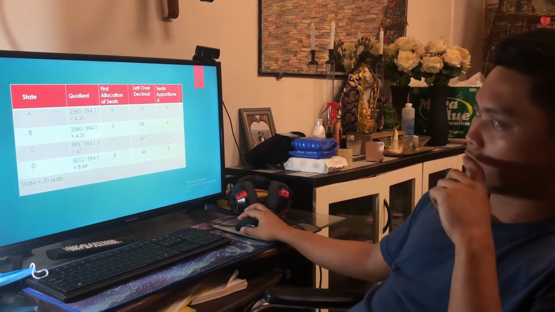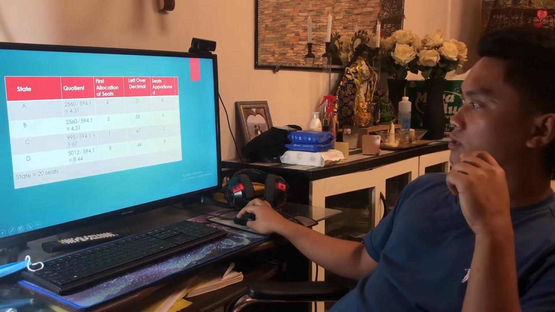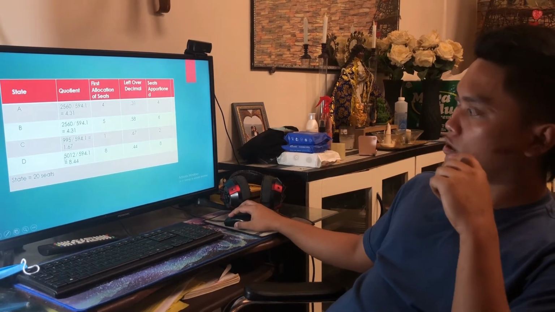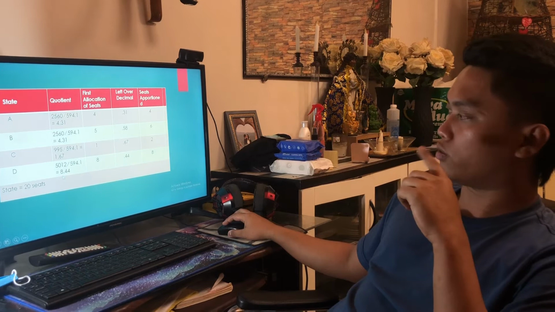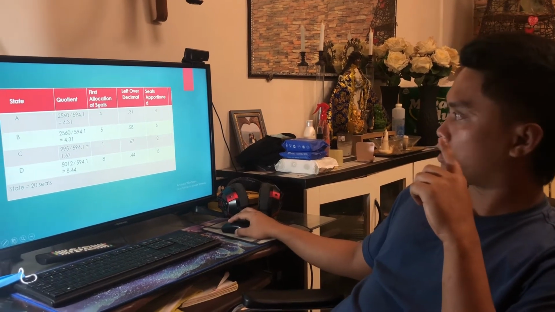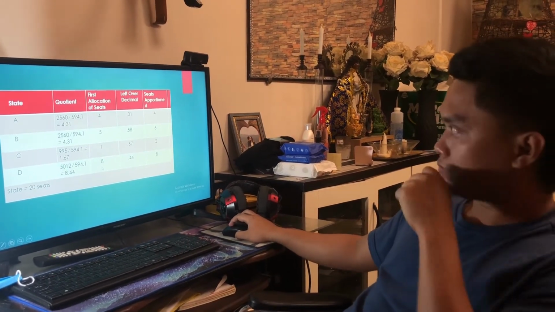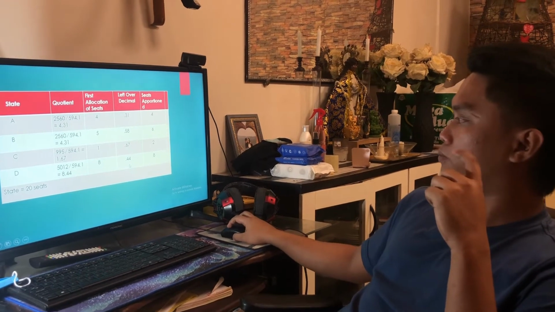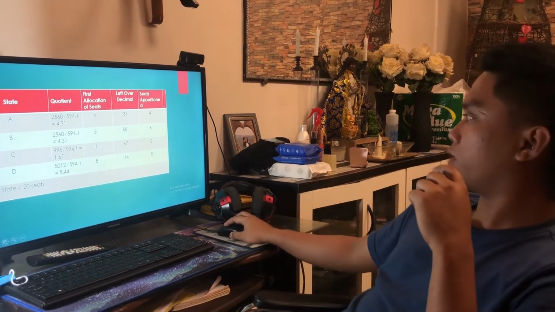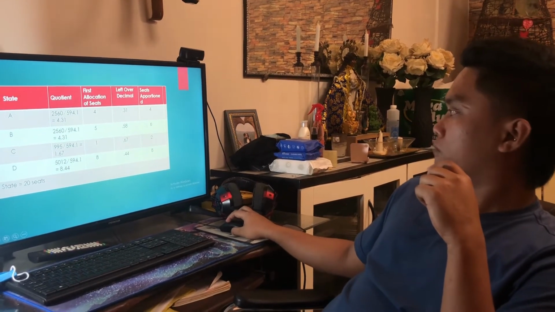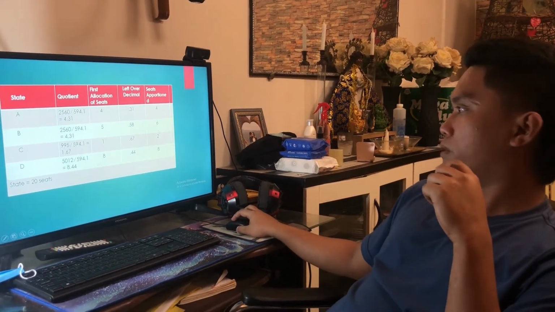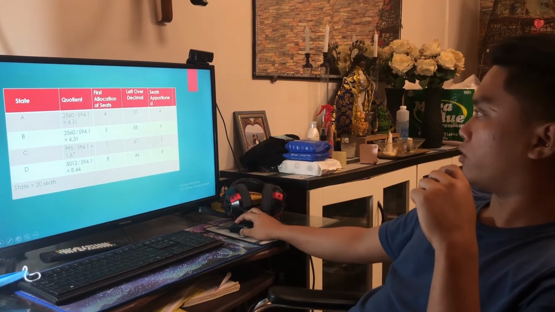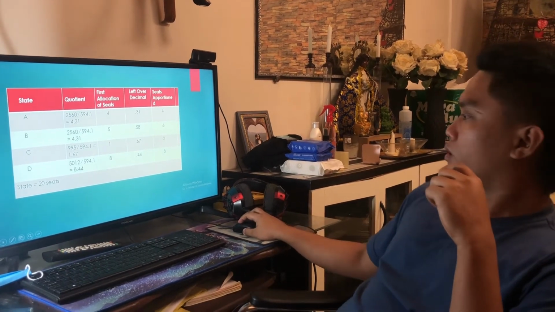State D is 5,012 divided by 594.1, which equals 8.44. The first allocation of seats is 8, the leftover decimal is 0.44, and the seat appointed is 8. If you add the seats appointed for A, B, C, and D, the total number of seats appointed is 20.